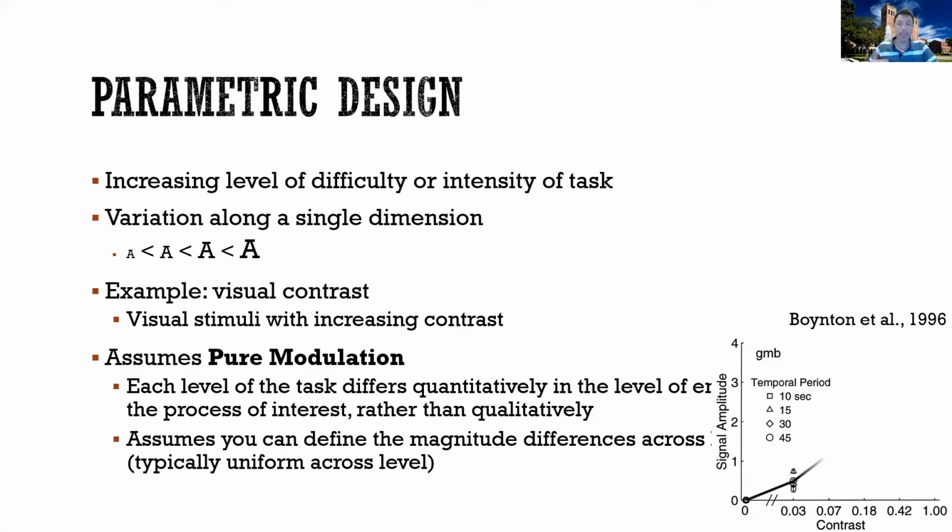And so what you see is exactly as you'd expect, this linear trend where the greater the contrast in this particular part of the brain, the greater the BOLD response. So this means that this part of the brain really cares about contrast, because the greater the contrast, the greater the response. And the two scale with each other.